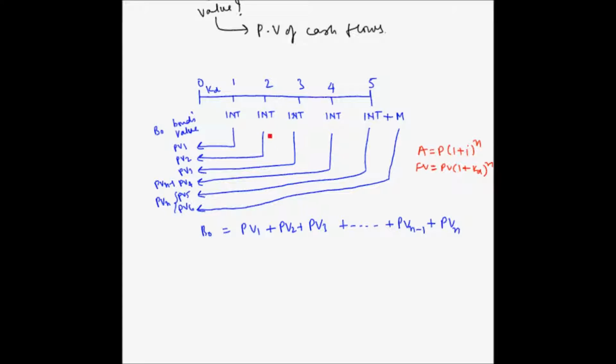Now in our case the future value, let's say in case of PV1, is the interest and the present value is PV1. So INT is equal to PV1 into 1 plus KD to the power N1. So PV1 is INT divided by 1 plus KD to the power N1.